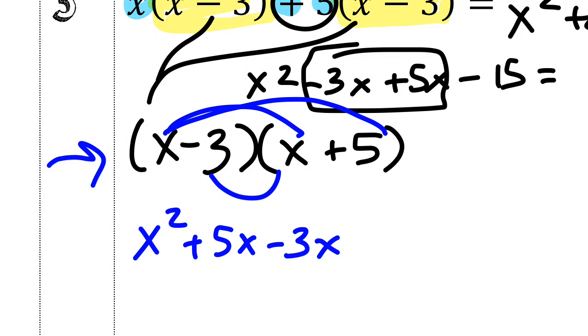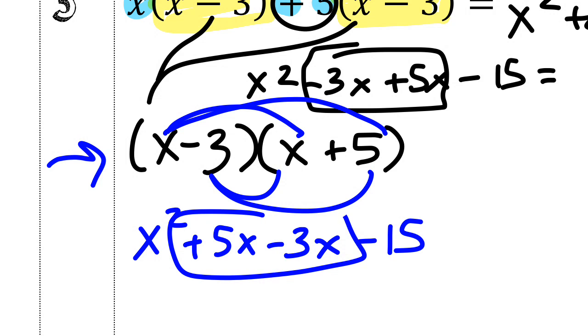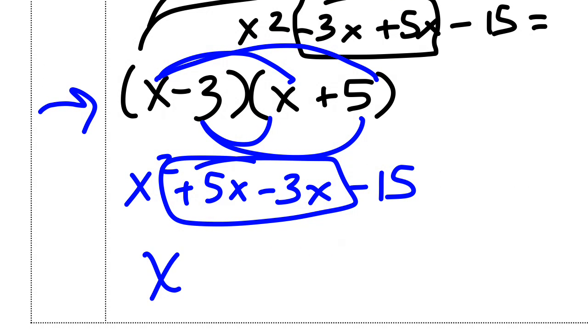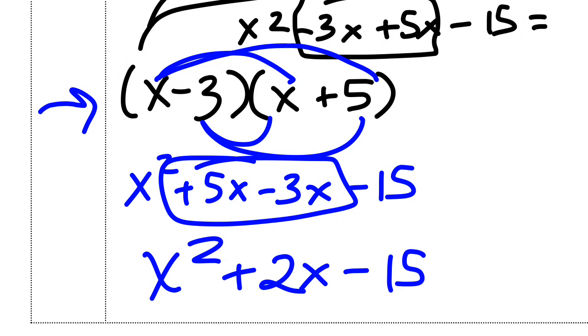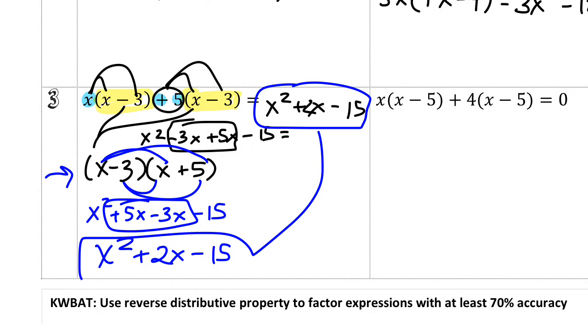And negative 3 times positive 5 gives me negative 15. So you'll see the order was a little bit different. When I combine it, though, we still get x squared plus 2x take away 15. So I can see that these two answers are exactly the same. So that lets me know that I rewrote our expression correctly. This way, I did that correct.